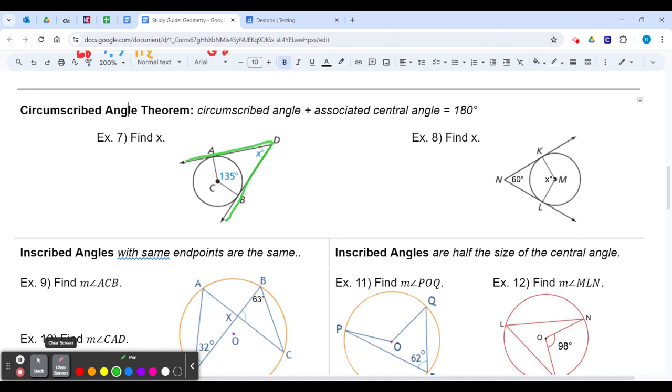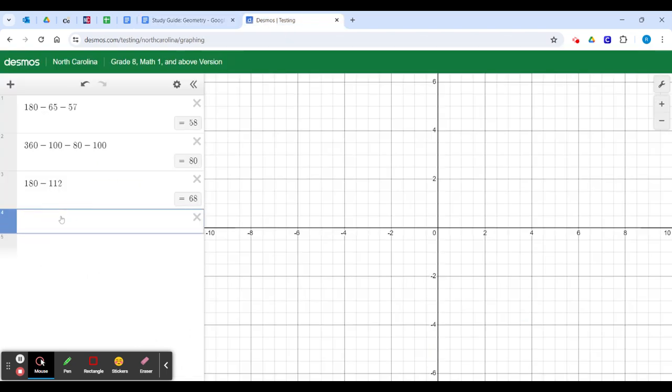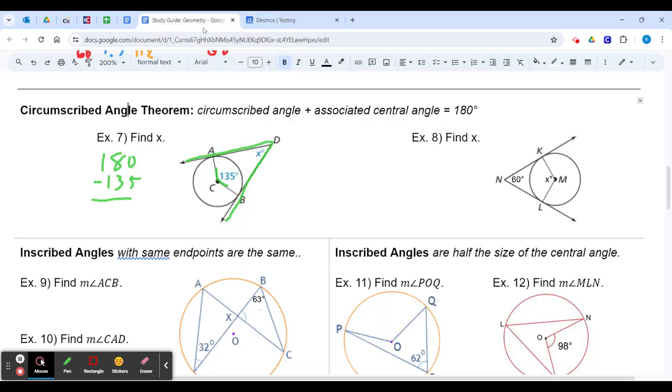So if I know this central angle here of 135 and I'm trying to find x, which is the circumscribed angle, all I need to do is subtract 135 from 180. Let me just double check in Desmos, 180 minus 135, that gives me 45. So I know that x equals 45 degrees there.